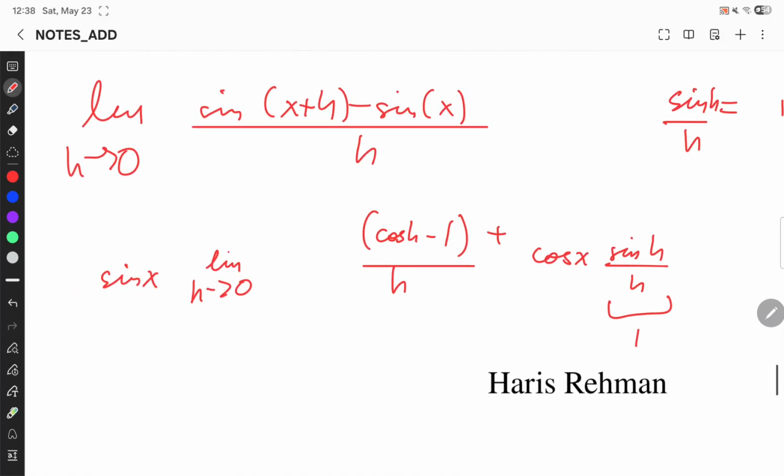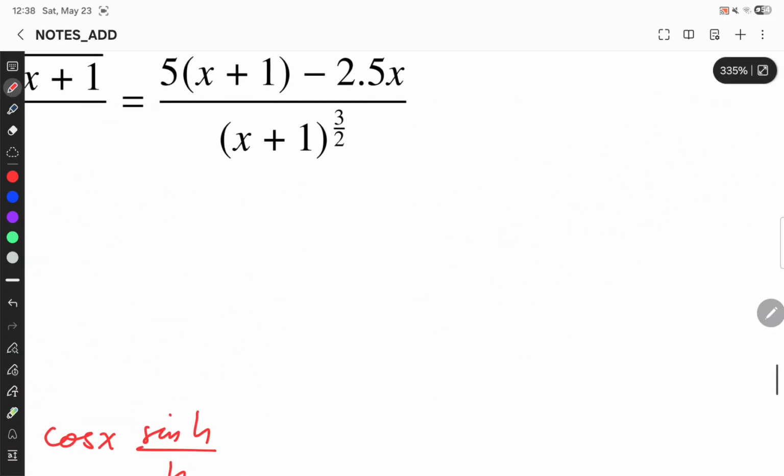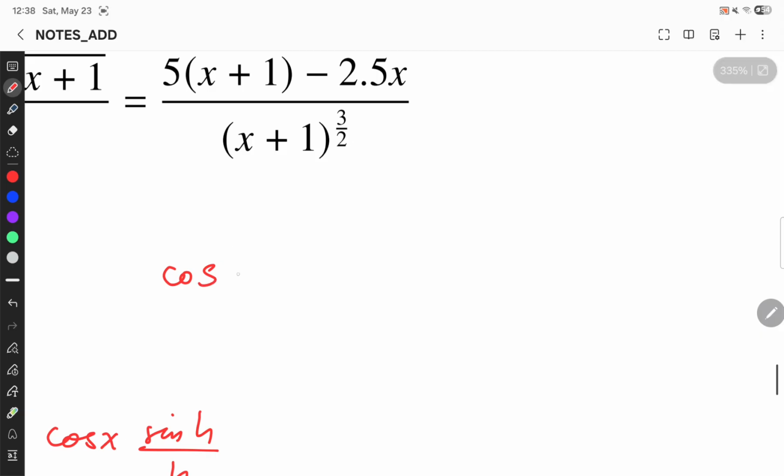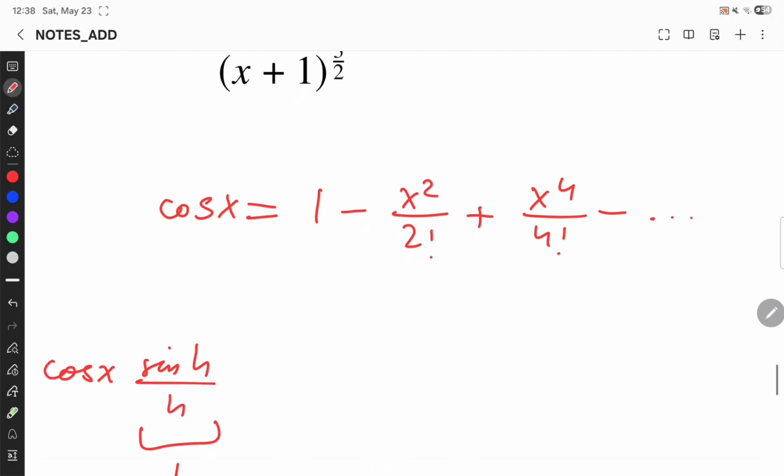Now for this, there is similar stuff going on. Cosine of x is equal to 1 minus x squared over 2 factorial plus x to the 4th over 4 factorial, and so on. This is now the series with even powers of x.